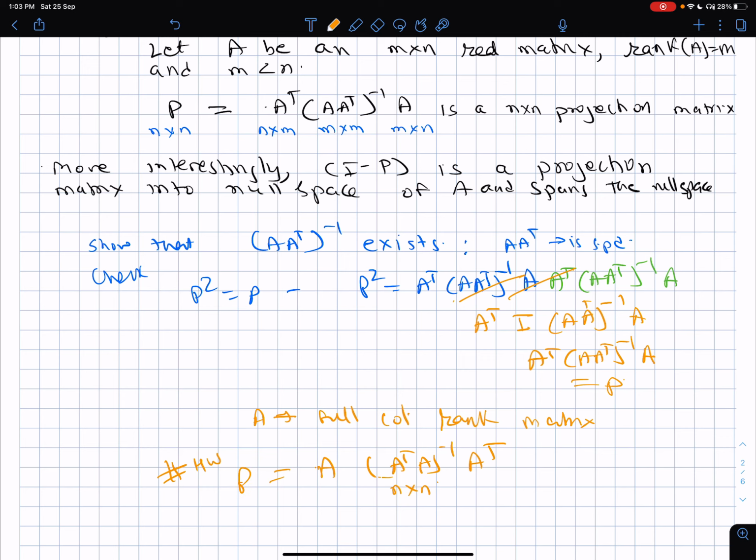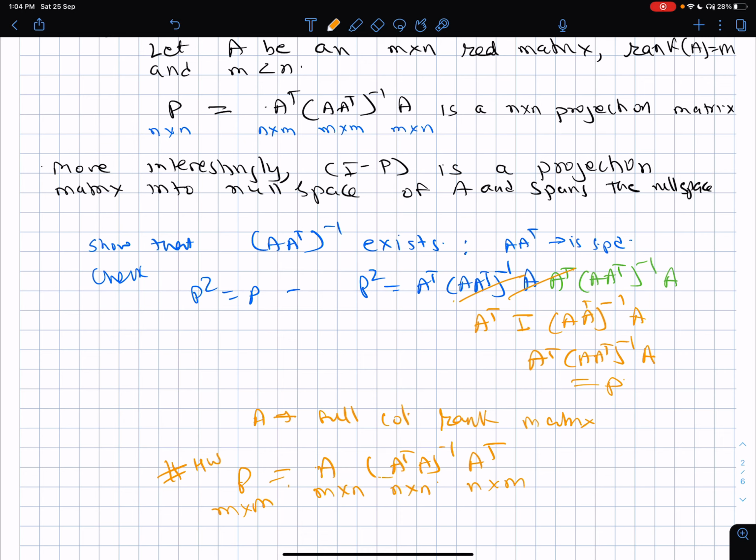So with full column rank matrices, this will give you a projection matrix which is of m cross n dimension.